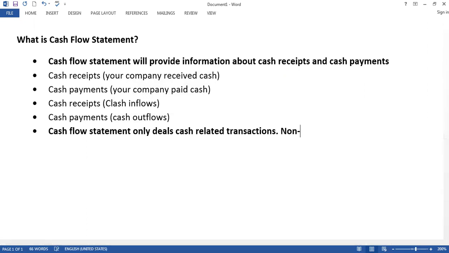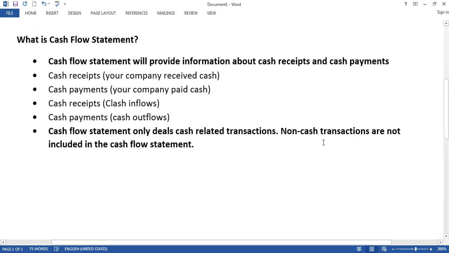So non-cash transactions, we have some non-cash transactions also. I will tell you later on what the examples of non-cash transactions are. Non-cash transactions are not included in the cash flow statement. So only cash related transactions.